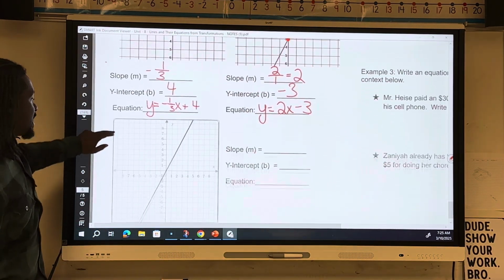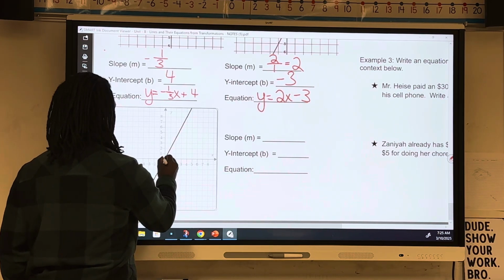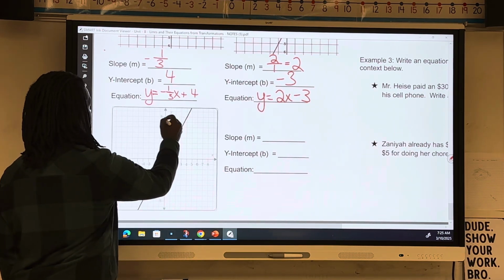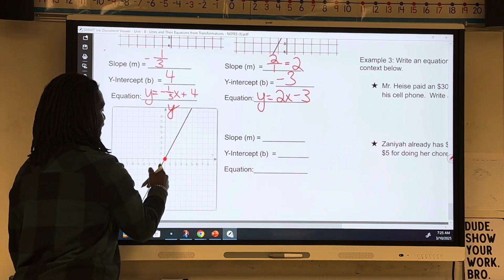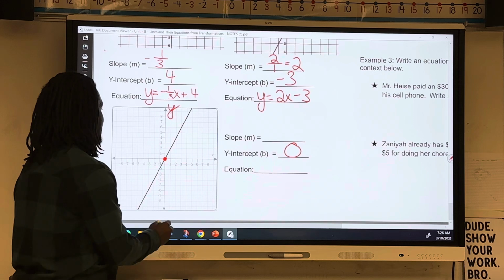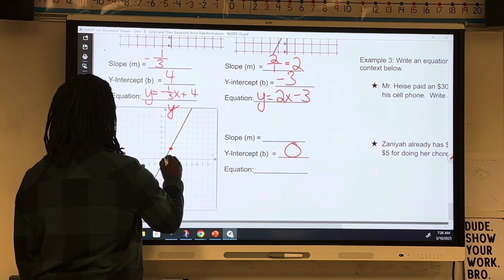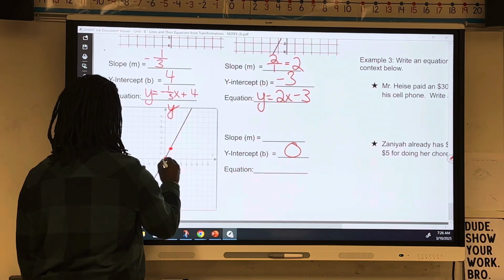Lastly, I start by identifying my y-intercept. Right here, it crosses the y-axis at 0. So my y-intercept is 0, and then I need to find another point. Another point is here, and I do rise over run to find my slope.